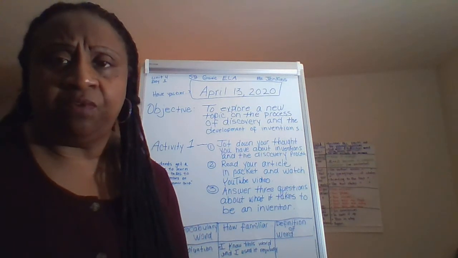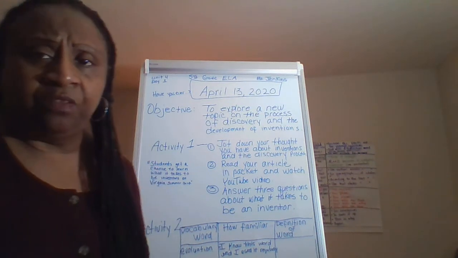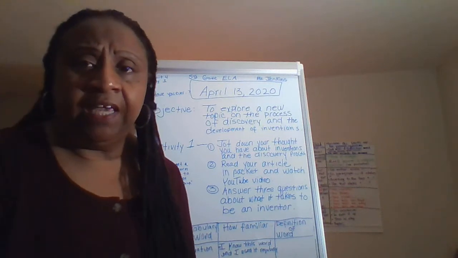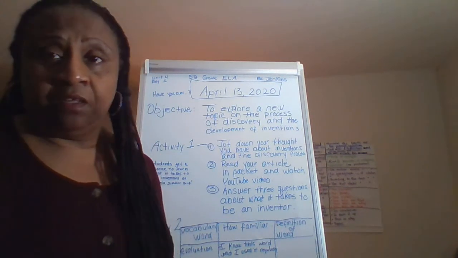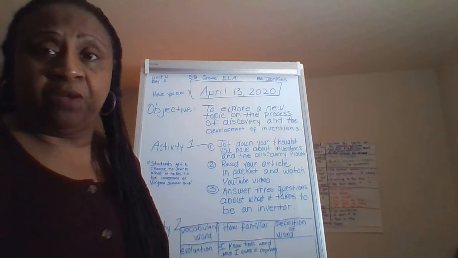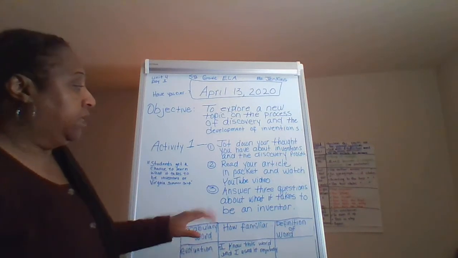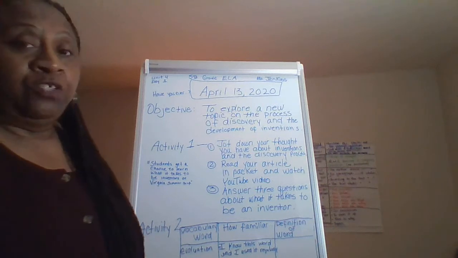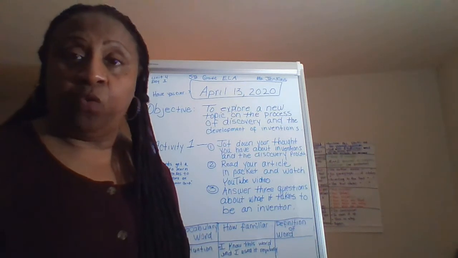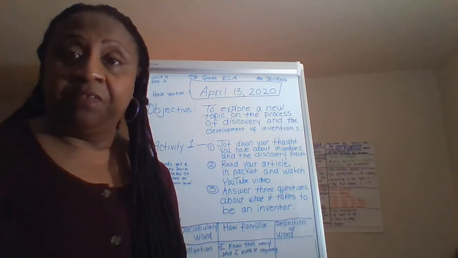Let's try and get it right. Let's try and get good punctuation and your grammar and your vocabulary, your words spelled correctly. Okay? So now, after those three things, you will move on to Activity 2.